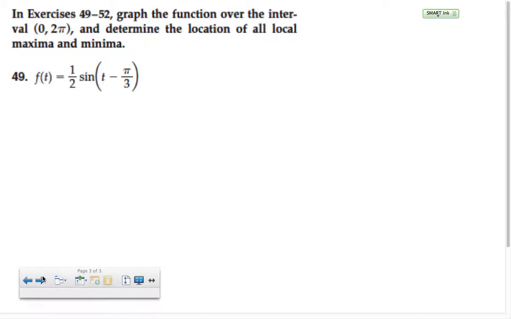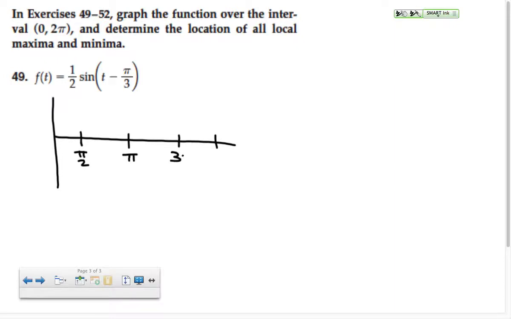So this is a little bit harder than if we were doing halves and fourths, because those work nicely. So what I want you to think about is the fact that we have pi over 2, pi, 3 pi over 2, and 2 pi. Okay, so if we're going to shift it pi over 3 to the right, we're simply going to add pi over 3 to each of our spots.